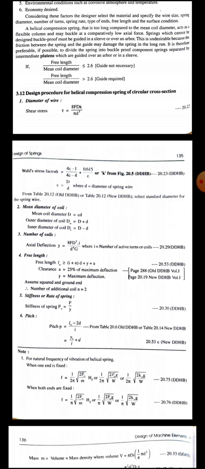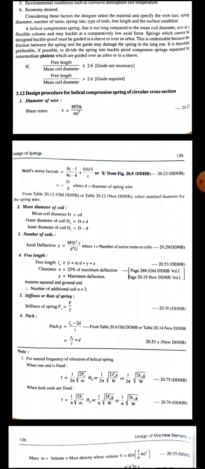To calculate the diameter of wire, we use the shear stress formula from the data book, 20.22: tau equals 8FDK upon pi d cubed. Here K is the wall stress factor, 20.23 from the book: K equals (4C minus 1) upon (4C minus 4) plus 0.615 upon C, where small c is D by d.